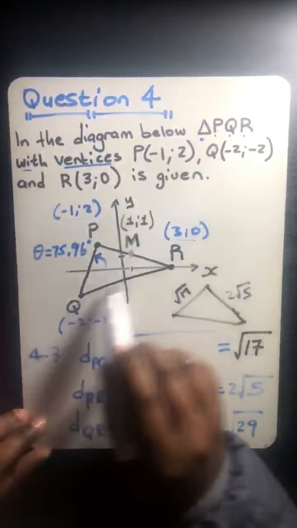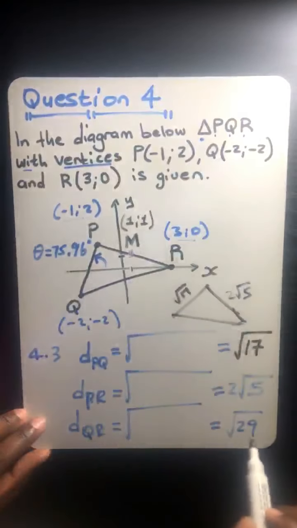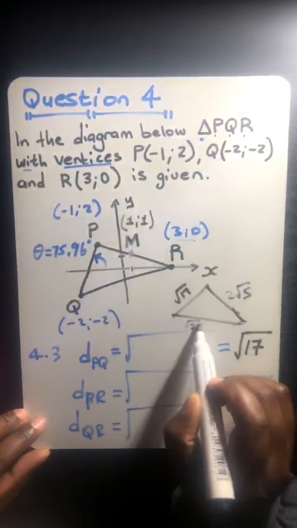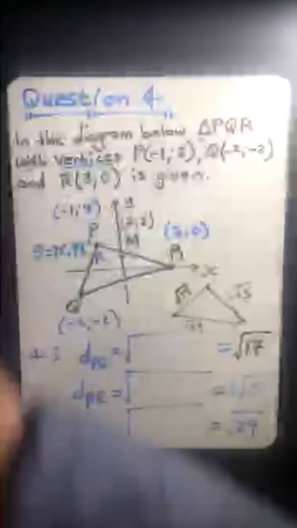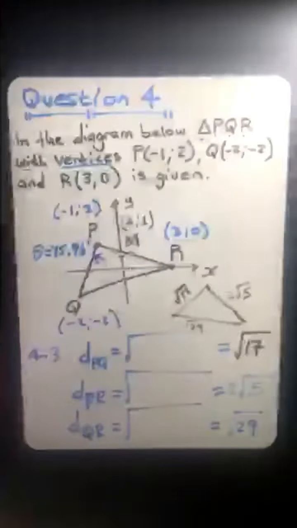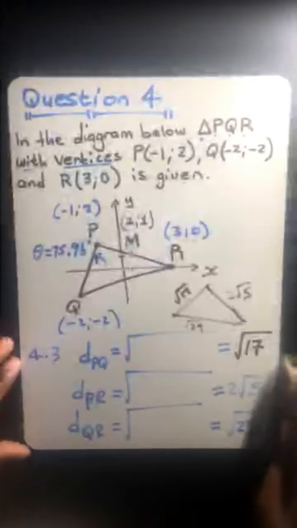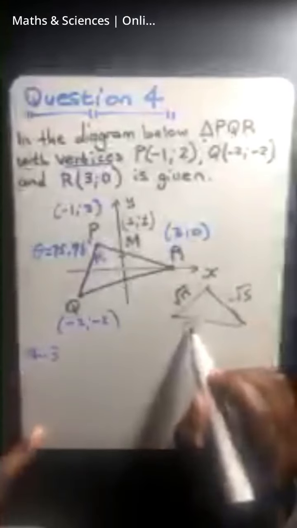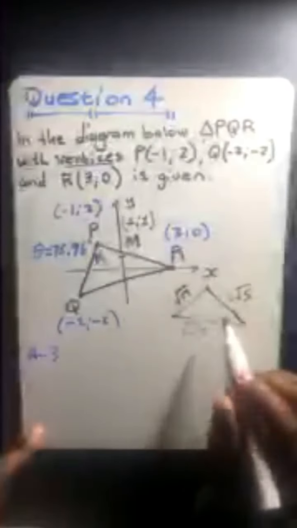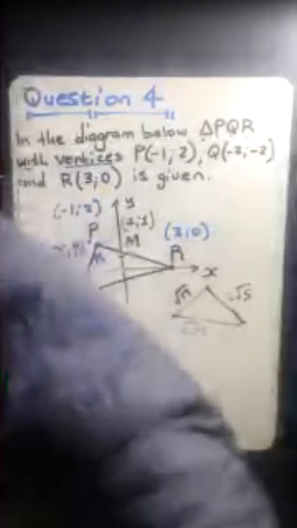And QR is the root of 29. So that means the perimeter is just the sum of those sides. So what is the perimeter, ladies and gentlemen?